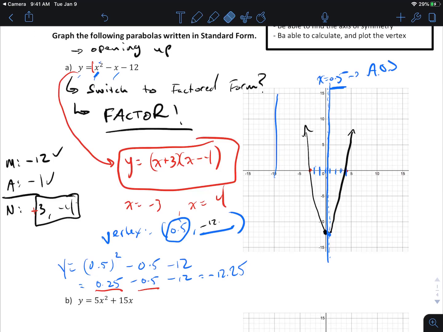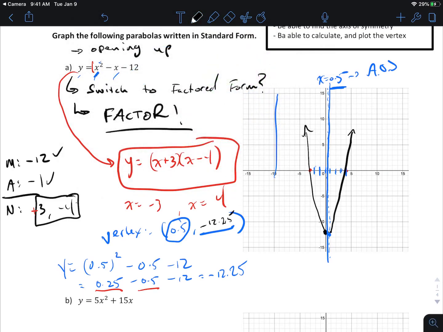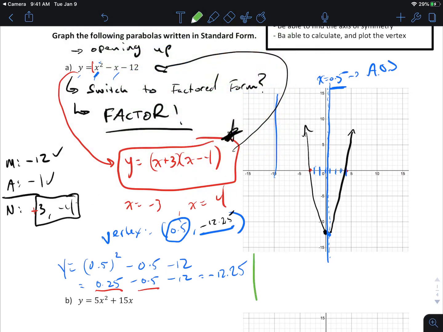Now Hector's question is a good one. If I've done this correctly, this is just another version of this, right? So if I plug into this one, 0.5 plus 3 multiplied by 0.5 minus 4, what should the answer be?